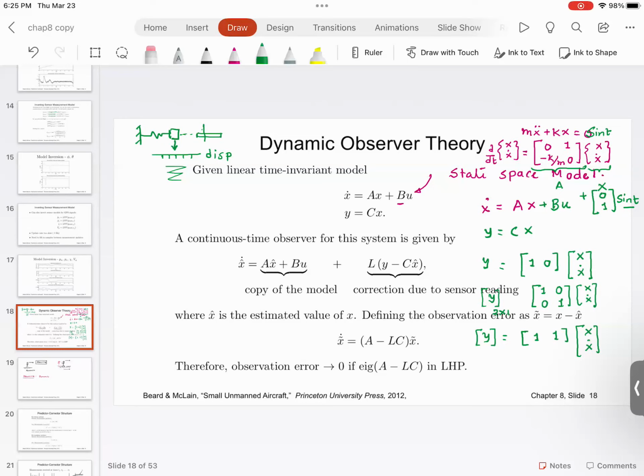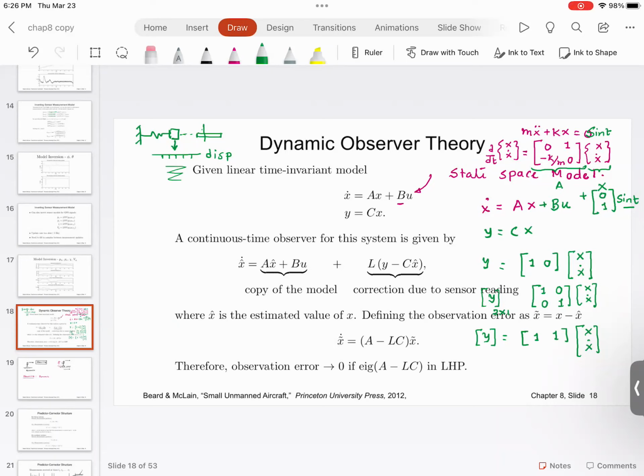Now, what I want you to understand is, for a minute, think about the only thing that I'm sure about in this entire expression: the magnitude of the spring and the magnitude of the mass, and I'm sure about the external forcings.